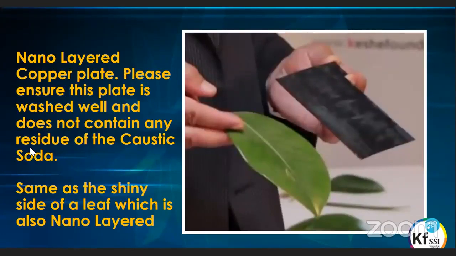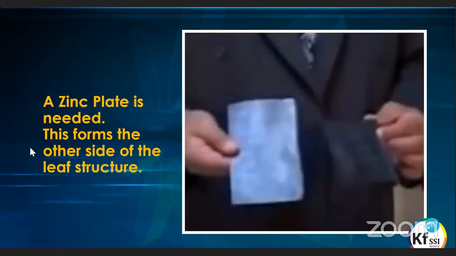Please ensure that when you take your nano plate, as we explained last time, when you make your nano layers, you wash your plate very well to remove any residue of caustic soda that you might have left on it. The nano layer is the same as the shiny side of the leaf, which is also nano layered. And the zinc plate is needed as well. This forms the other side of the leaf structure.